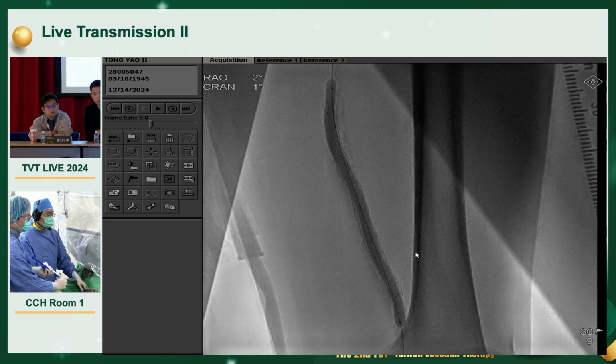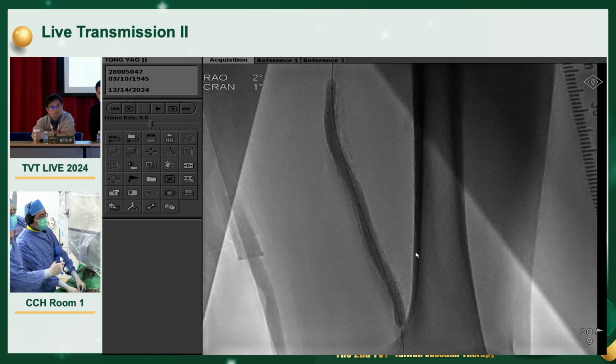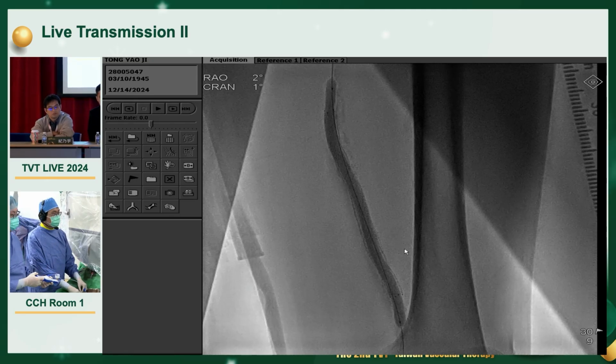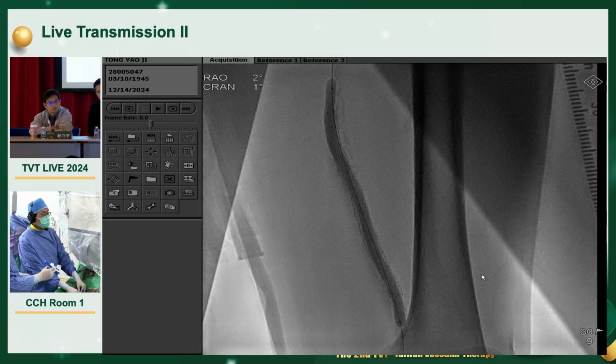Some people think we maybe preserve the ostium. But some people say that profunda maybe crossover. If the profunda ostium is good, crossover will be possible.